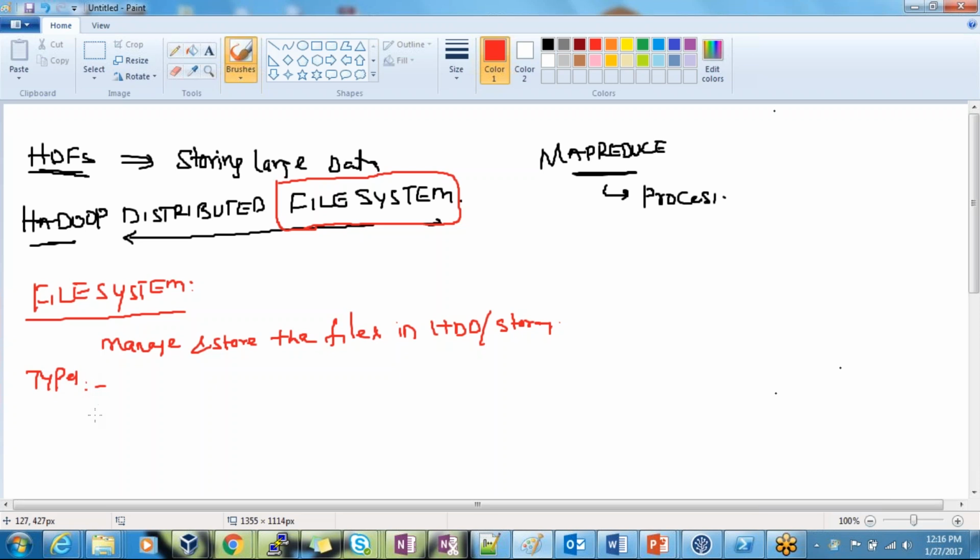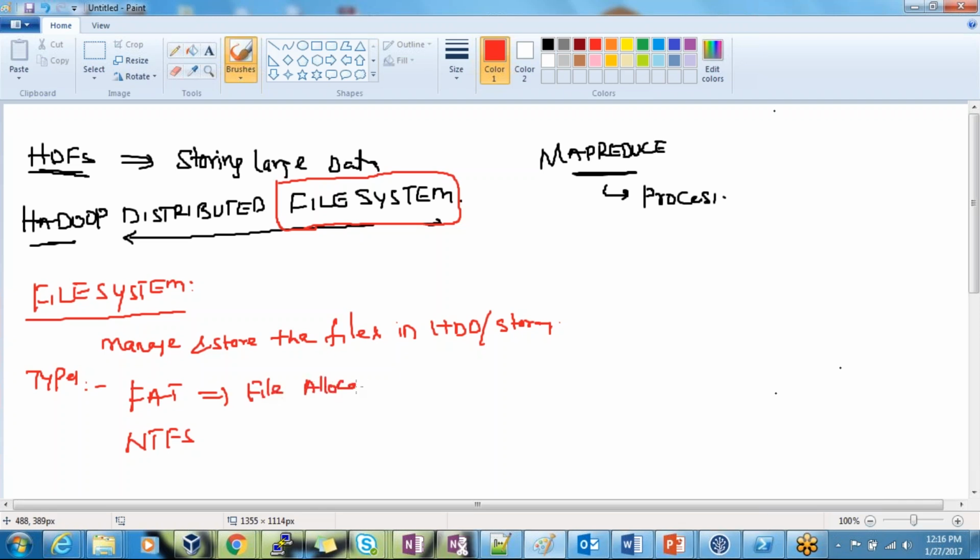In Windows there are different kinds of file systems called FAT, which stands for file allocation table, and NTFS, which stands for new technology file system. And ext4 has extensions; there are some different kinds of file systems.